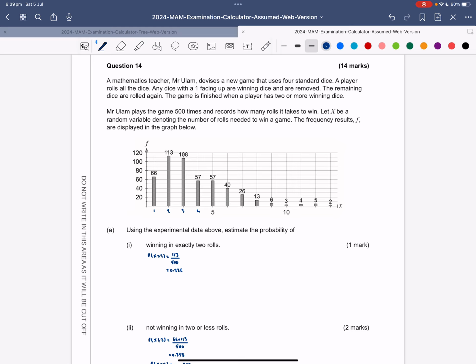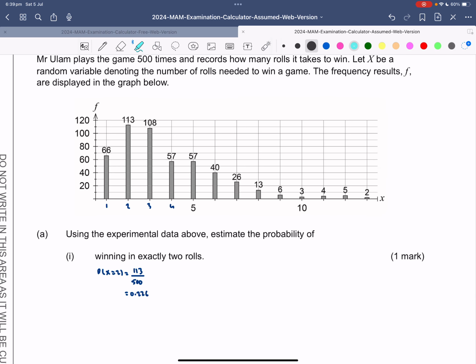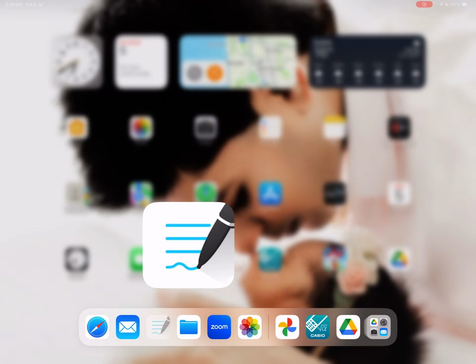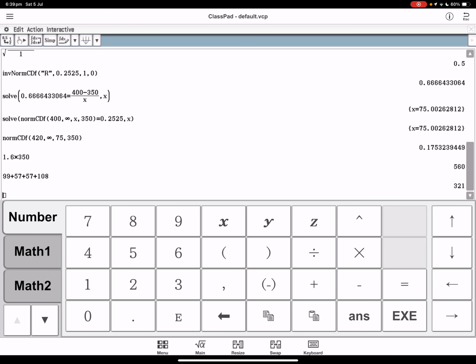Cool. I'm just curious, by the way, what do these numbers add up to? 2 plus 5 is 7, plus 4 is 11, plus 3 is 14, plus 6 is 20, 33, plus 26 is 59, plus 40 is 99, 99 plus 57 plus 57 plus 108, and that's 321.